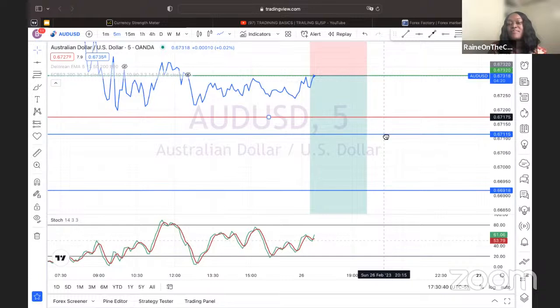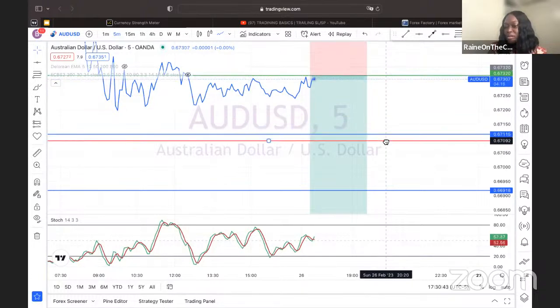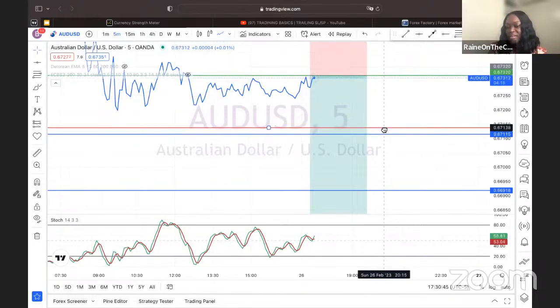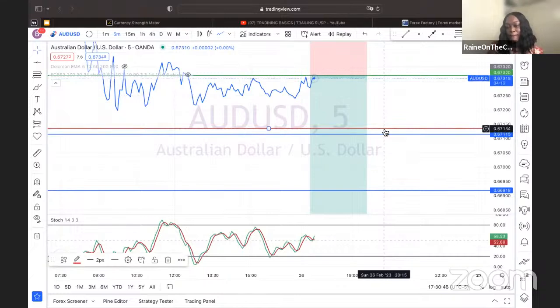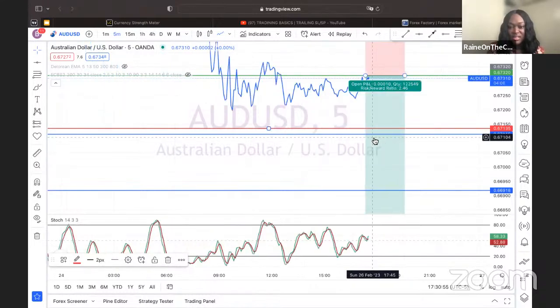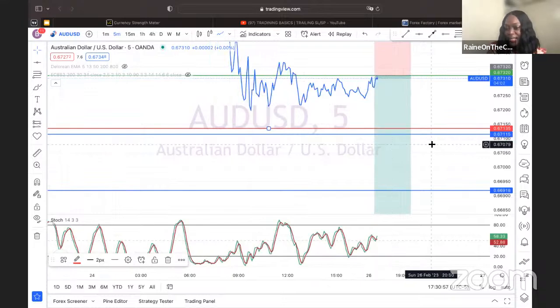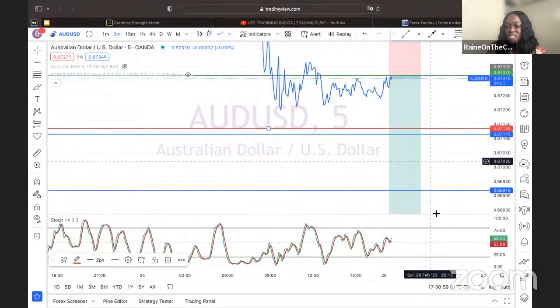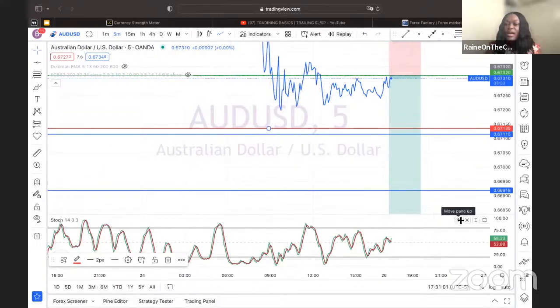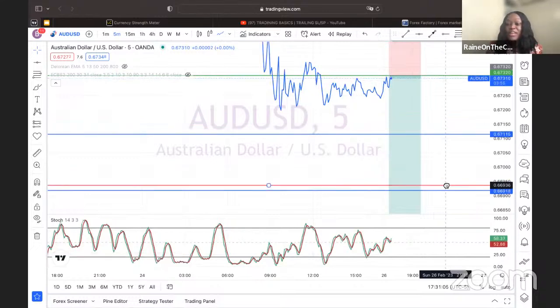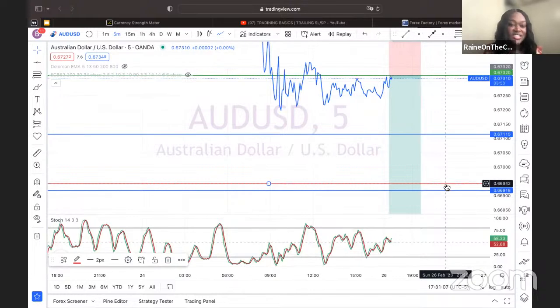And this time I wouldn't move it below, I would keep it above take profit 2, so that if it pulls back to take profit 1, we're in the clear. And then when it moves to take profit 3, you move it again.